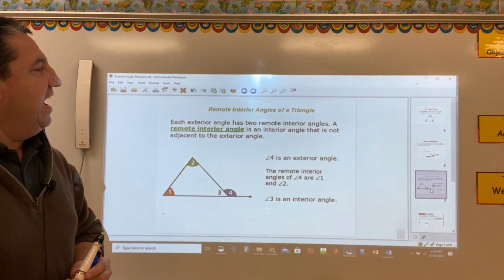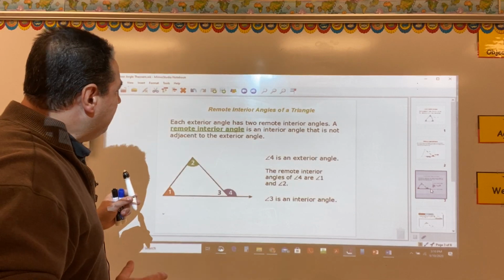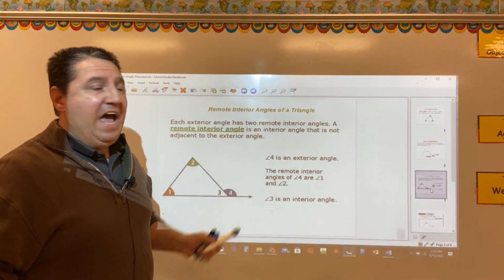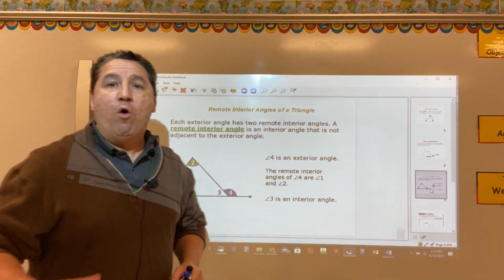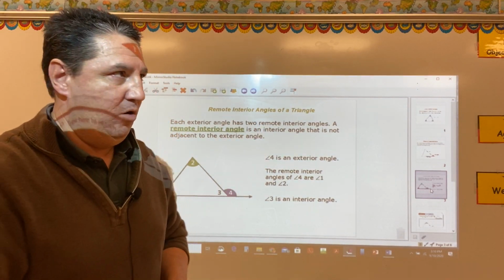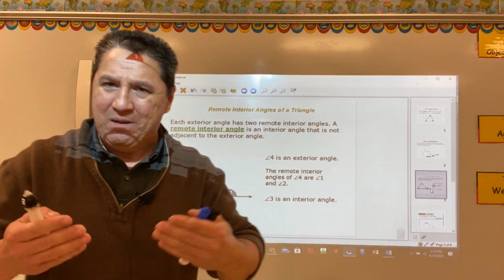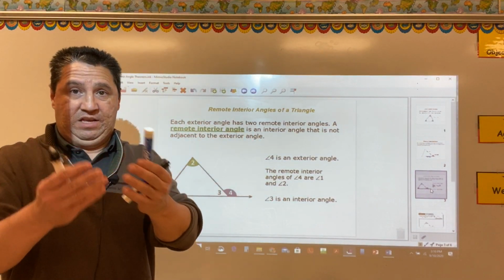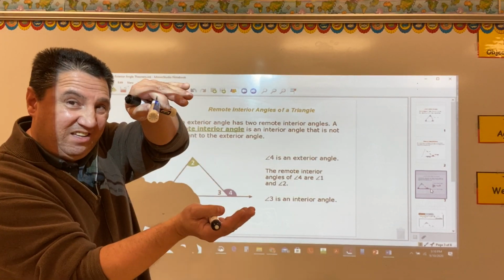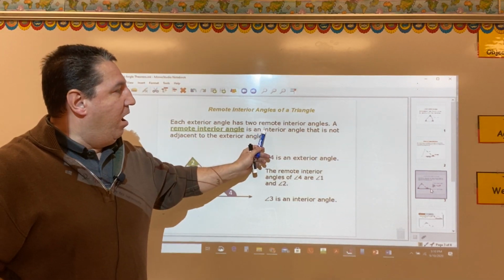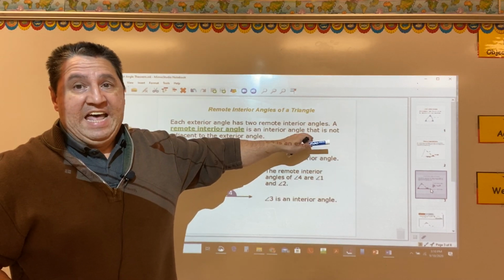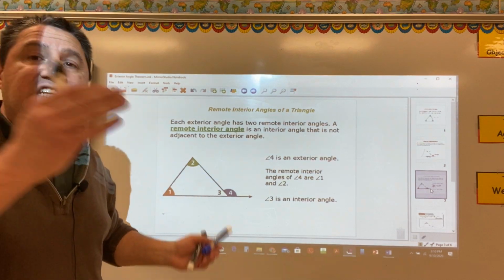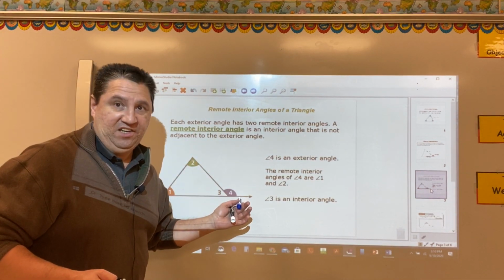Now, let's talk about remote interior angles of a triangle. Each exterior angle of a triangle has 2 remote interior angles. What are these remote interior angles? Remember, interior means inside the triangle. Remote interior angles are angles that are interior to the triangle and are not adjacent to the exterior angle.